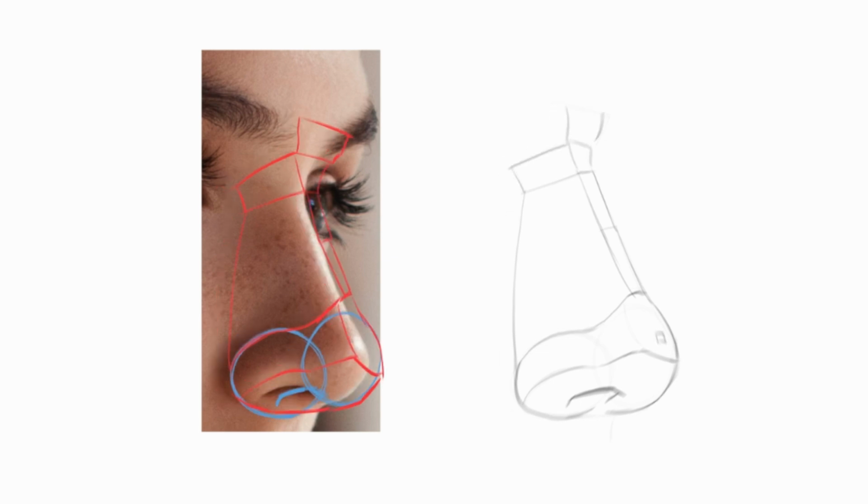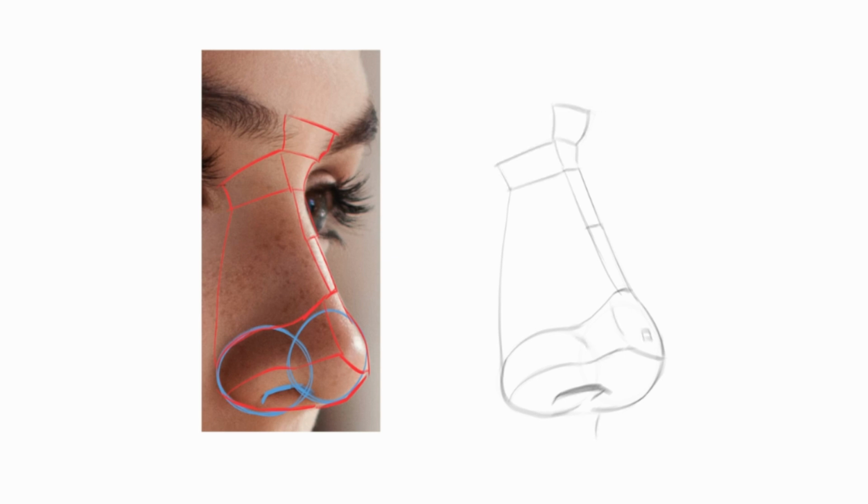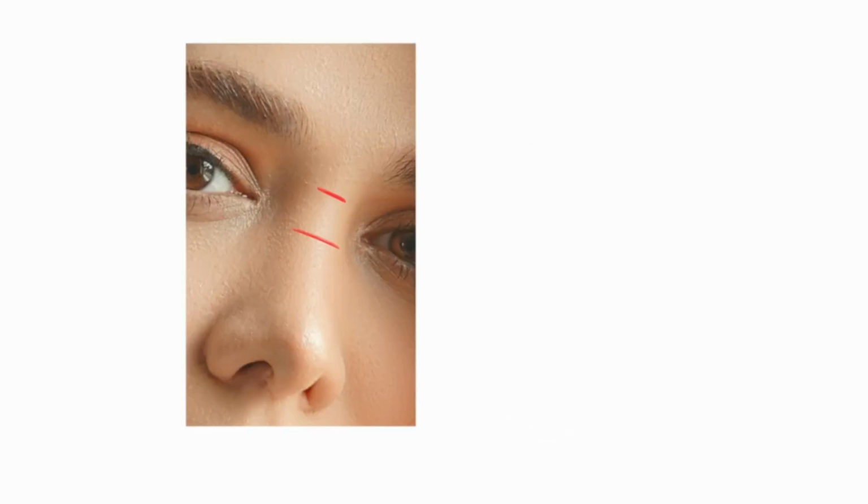And I'm lightly indicating some of those planes that we saw earlier. I think once you do enough of these, you'll have a much easier time when it comes to simplifying.